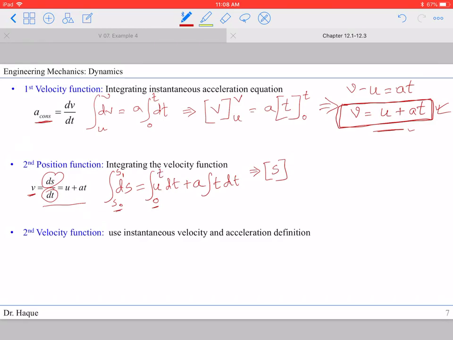So we'll get s1 minus s naught equals to u t, 0 to t, plus acceleration. So initial velocity u is constant, so it will not change over the integration.